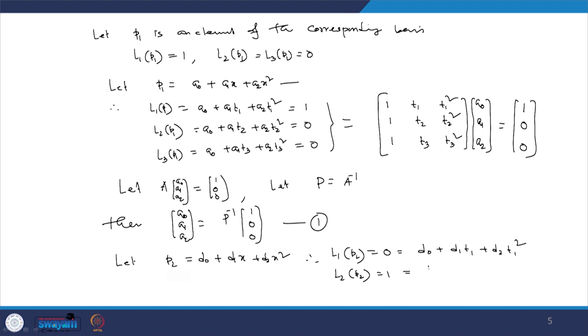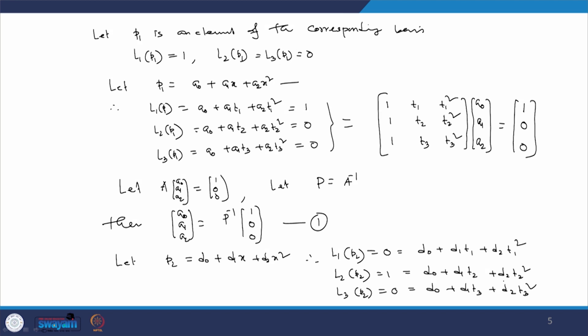This implies d0 plus d1 t2 plus d2 t2 square, and L3 P2 equal to 0, which is d0 plus d1 t3 plus d2 t3 square.